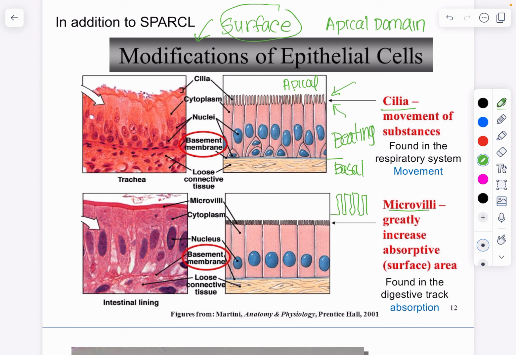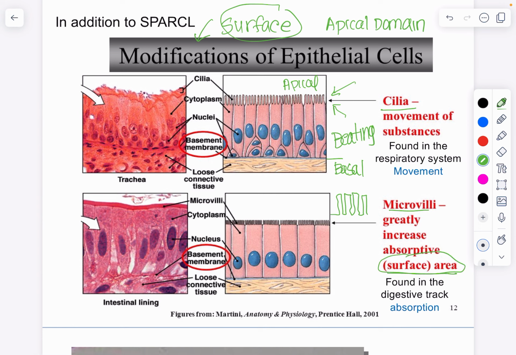And what that does, whenever you have a structure that looks like that, is create a greater surface area. So it increases the surface area of the surface of that cell. And this is important in certain locations, such as the digestive tract, because we are going to be absorbing a lot of nutrients. So we need a lot of surface area to do that.